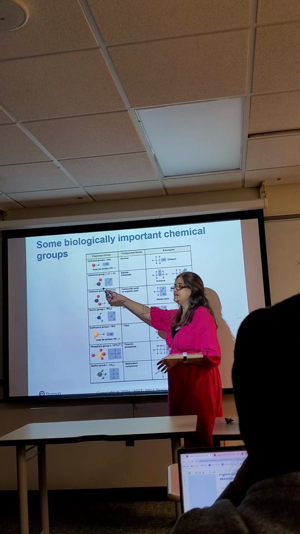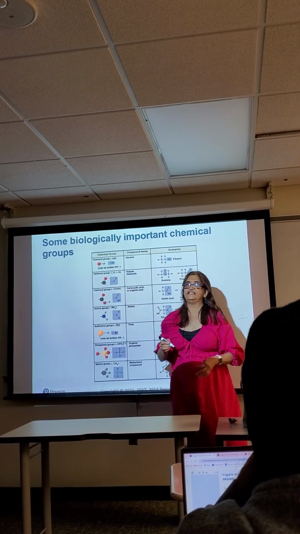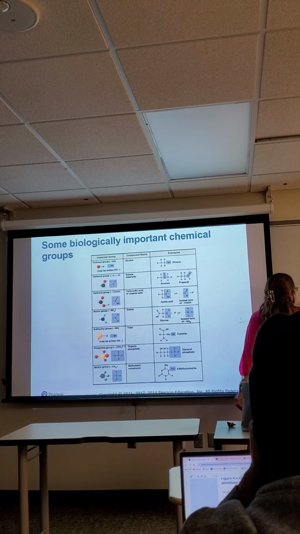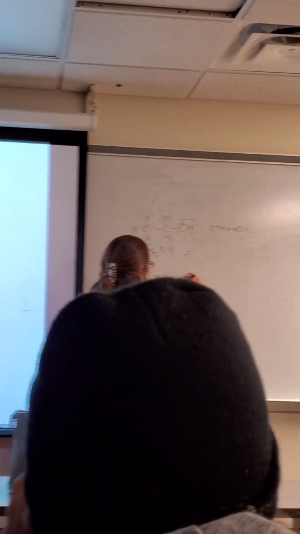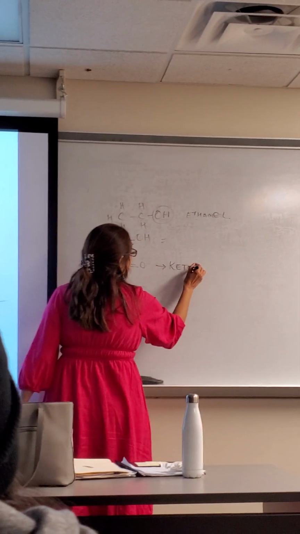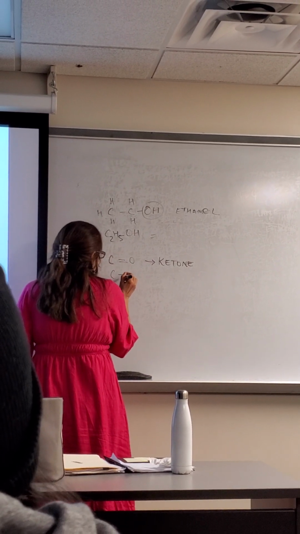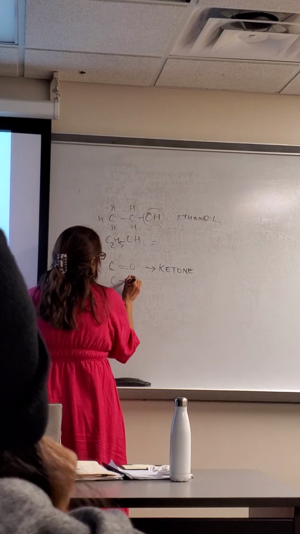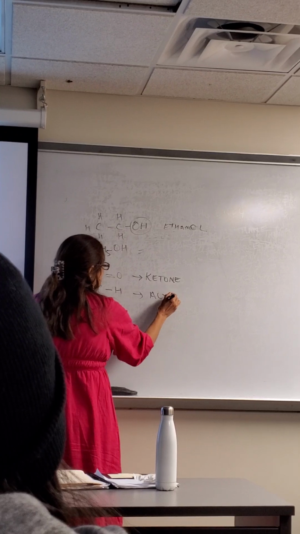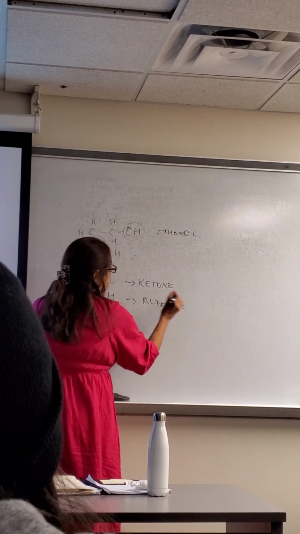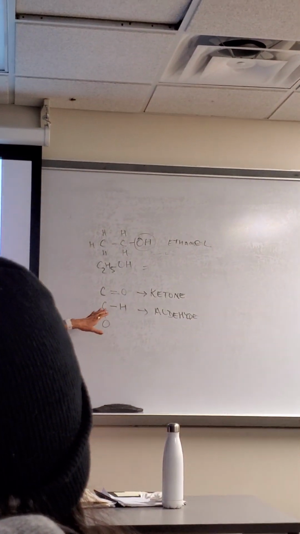Clear, everyone? Then you have the second functional group, called carbonyl. Carbonyl can exist in 2 forms. One is C double bond O. When it is like this, it is called a ketone. It can also exist as CHO. When it is in this form, it is called an aldehyde.